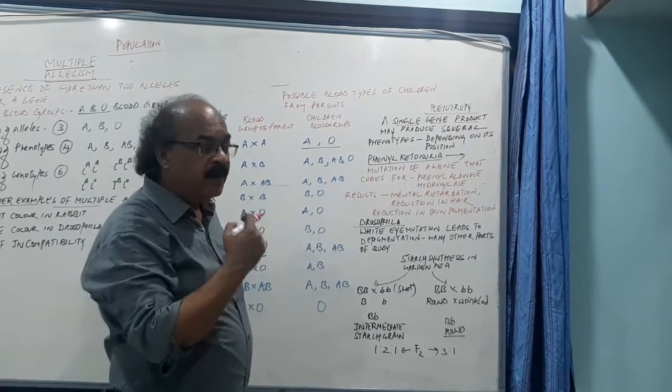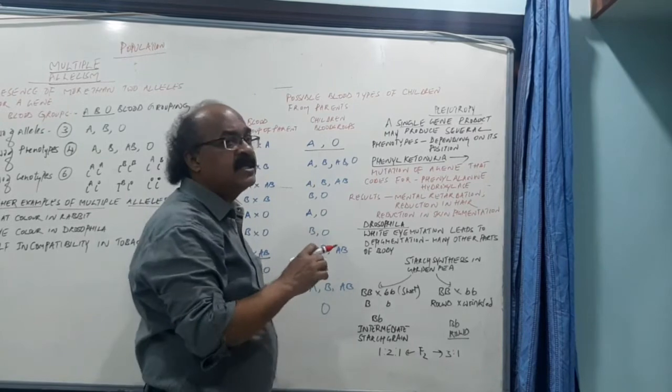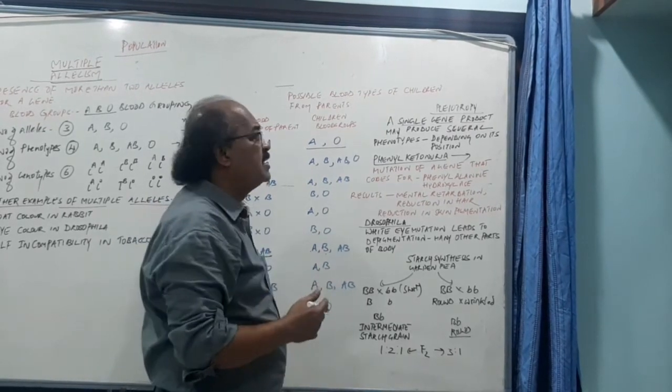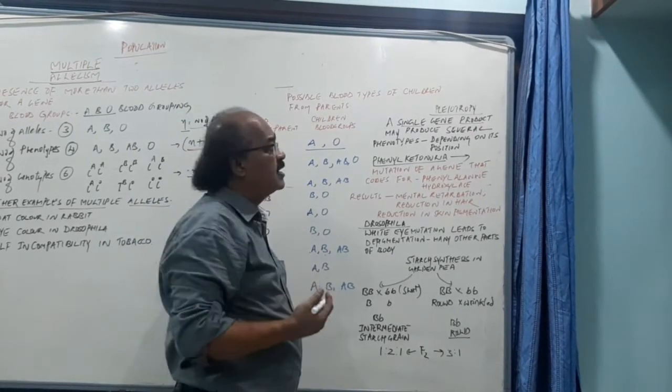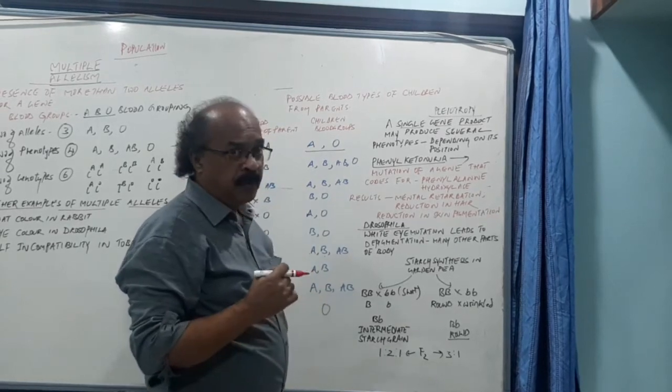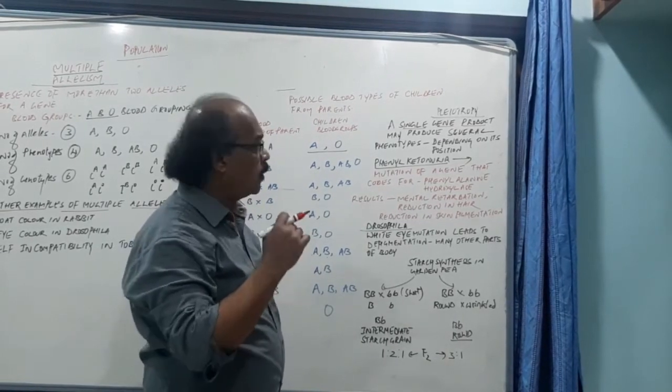So depending upon its position, a single gene is responsible for several phenotypic effects. It's called pleiotropism.